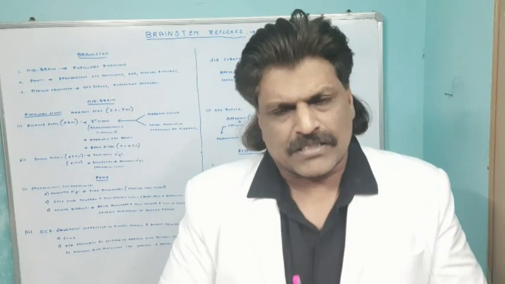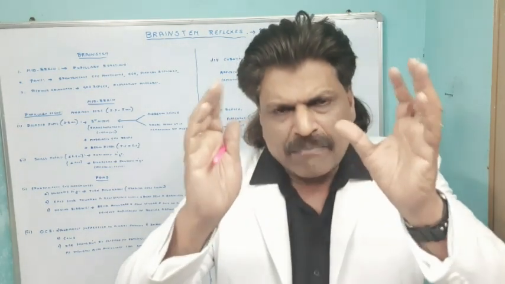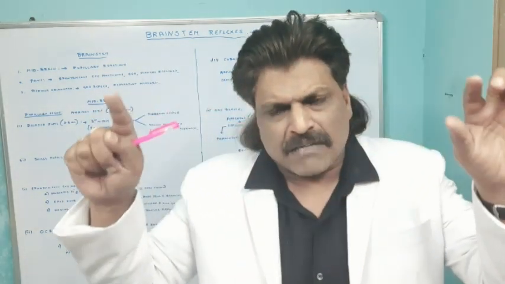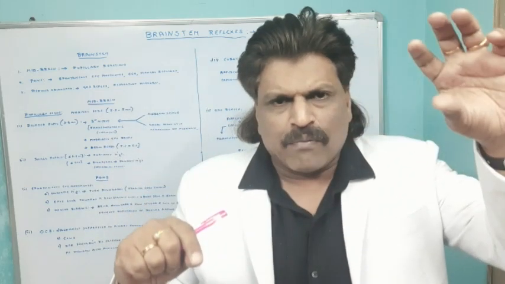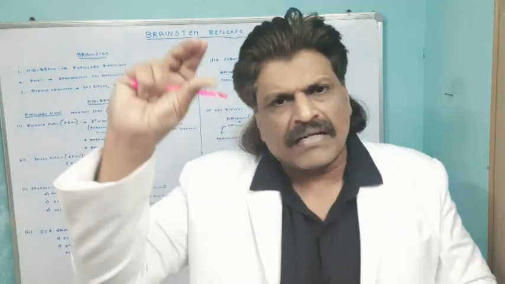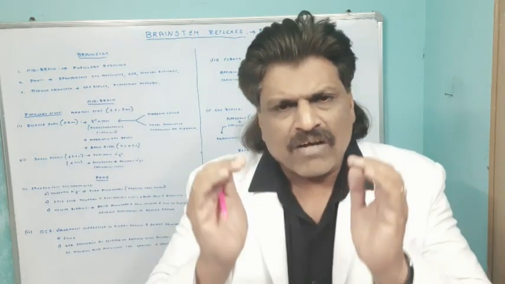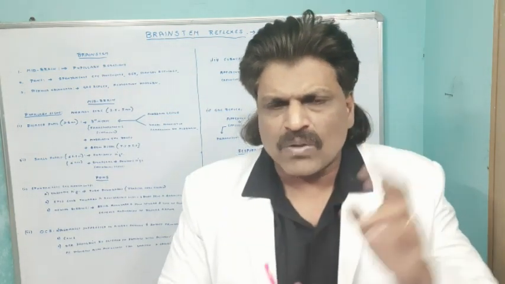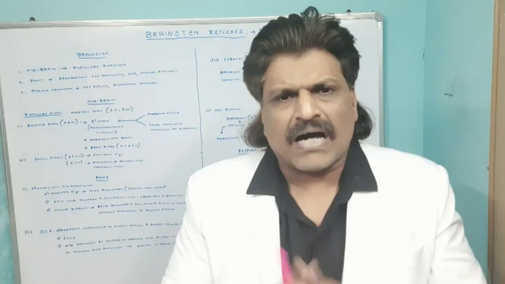bilateral small pupils. The midbrain is supplied by two posterior cerebral arteries. One posterior cerebral artery on one side of the midbrain, the other posterior cerebral artery on the other side of the midbrain. Likewise, medulla oblongata is also supplied by two arteries, the two vertebral arteries.